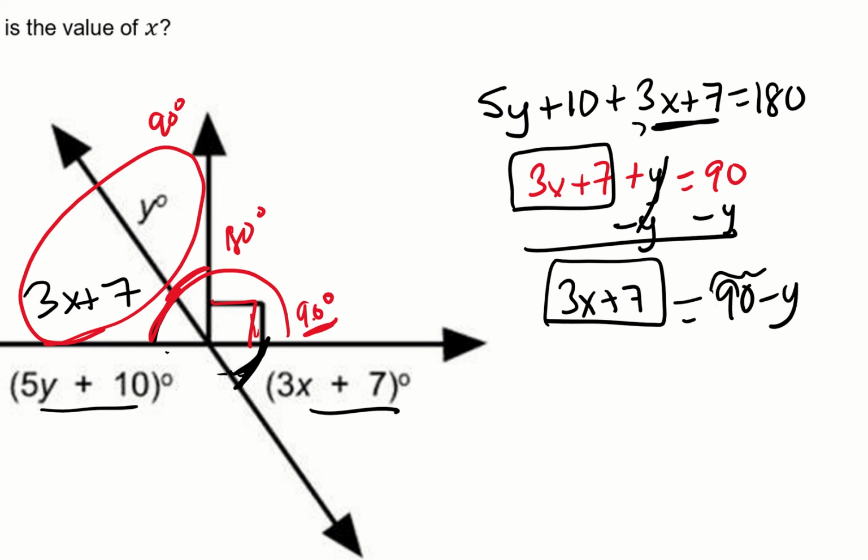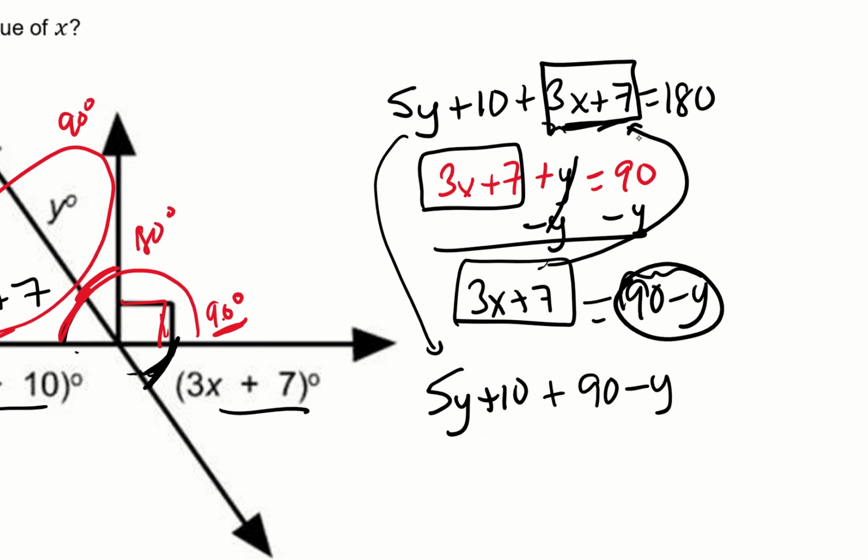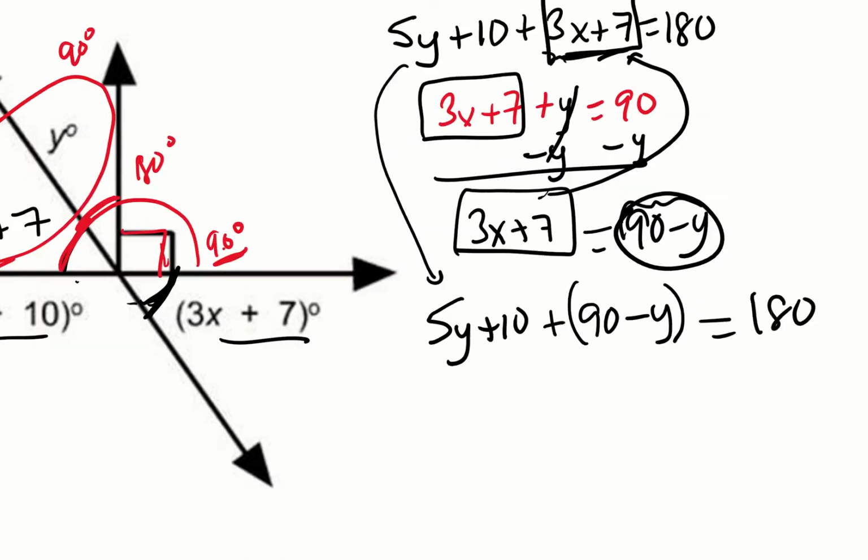Now I'm going to substitute this in for 3x plus 7 here. So this will get replaced. We'll bring this down. We have 5y plus 10. I can replace what's in the box with what's circled here, 90 minus y. And so now that got replaced, and this is equal to 180.